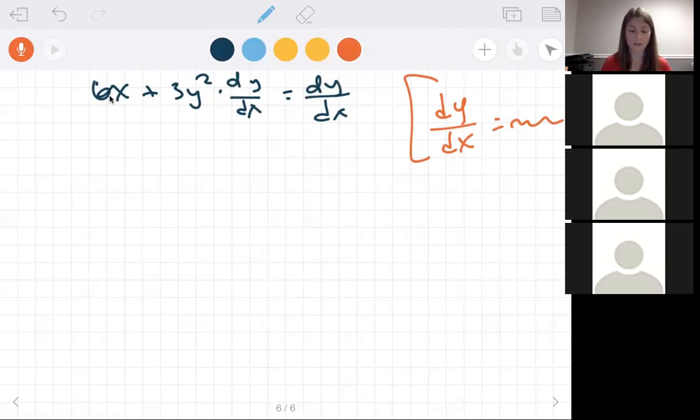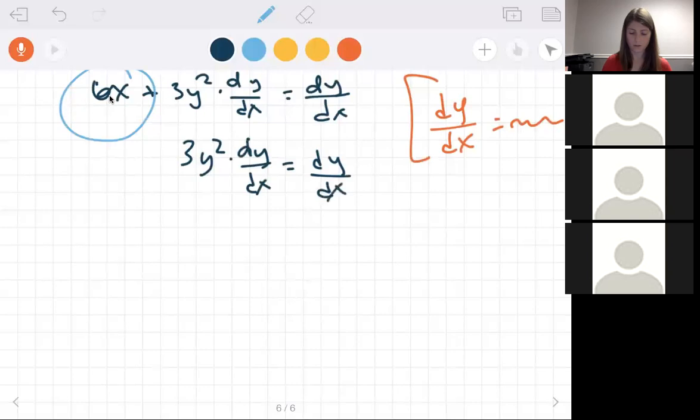And if I were doing it, I would say, hey, I need to subtract the 6x, move it to the other side, and then move the other dy over, just so there's not too much moving at once. Let's do it in 2 steps. So subtracted our 6x.